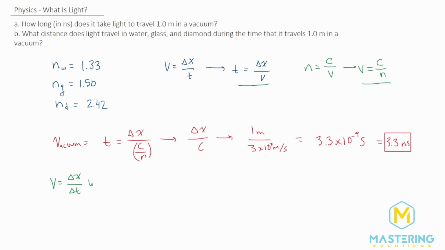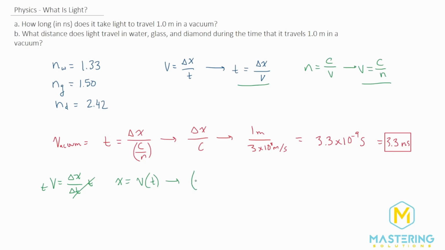If we multiply both sides by t, we have x, or the change in the distance, is equal to the velocity times the time, of course. So let's start off with the first one. They say water. We do need to use the same velocity, c over n.